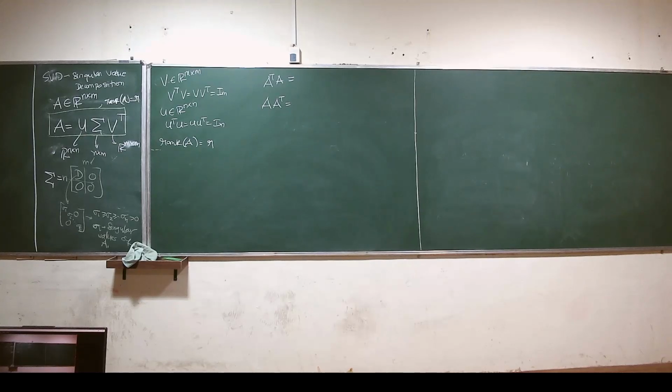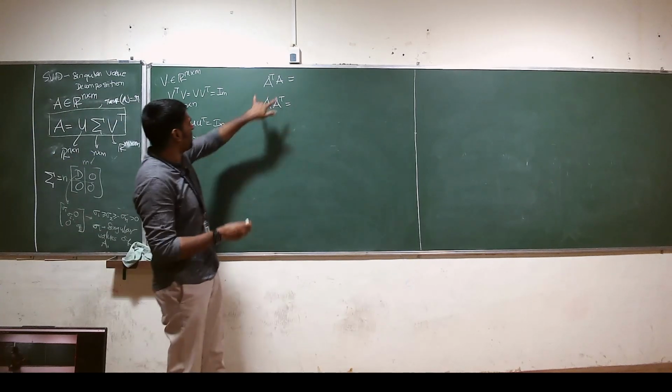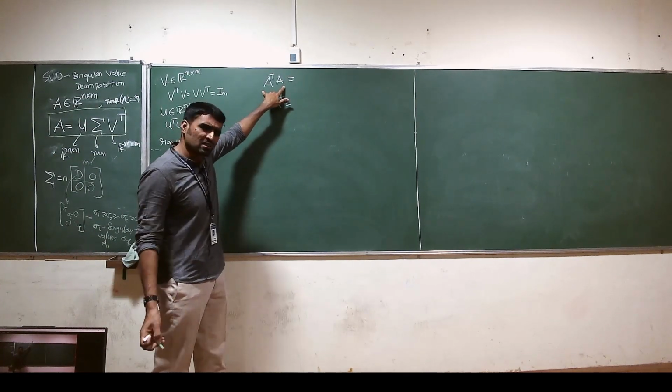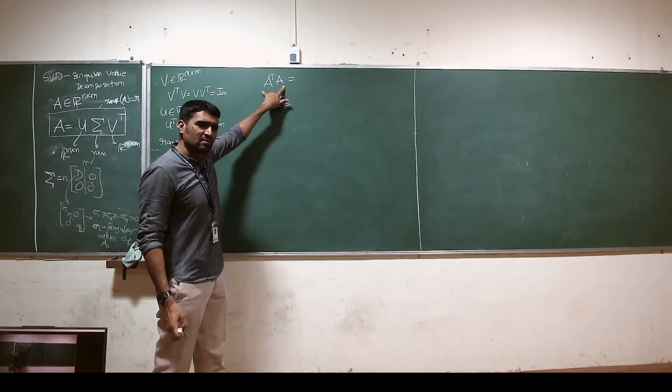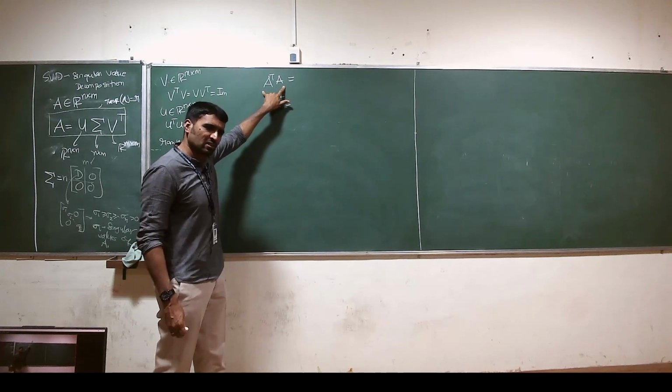Can you verify? What is A? If this is, for example, one full matrix B, B transpose is equal to B. Can you verify and tell me if B transpose is B?